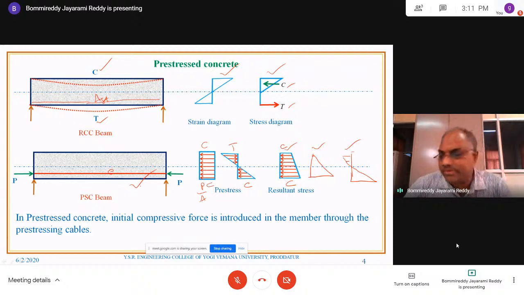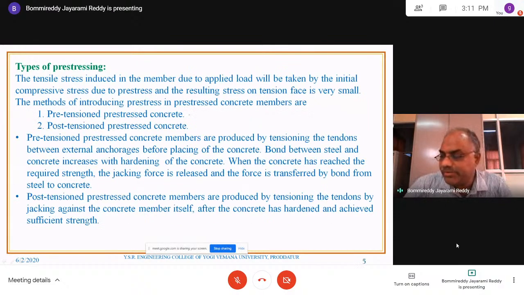Types of pre-stressing. There are basically two different types of pre-stressing for introducing the pre-stress to the concrete member: pre-tensioned pre-stressed concrete, and another one, post-tensioned pre-stressed concrete.